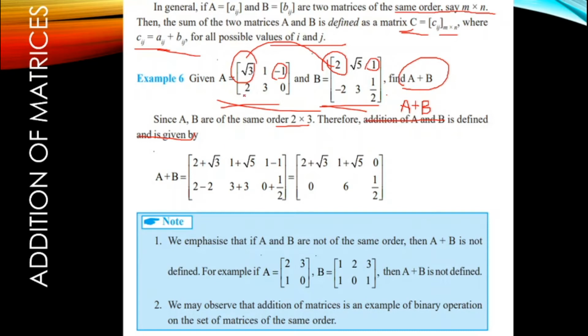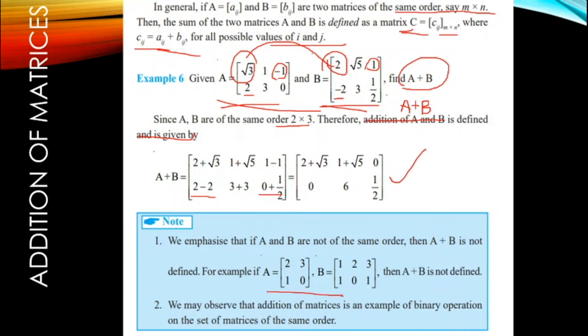Now we'll go for the second row. 2 plus minus is minus, so 2 minus 2, 3 plus 3, then 0 plus half. So when you solve, you get the matrix in this way. Here what they are saying is, when you're adding, it's very important that the order of the two matrices you're adding should always be the same.